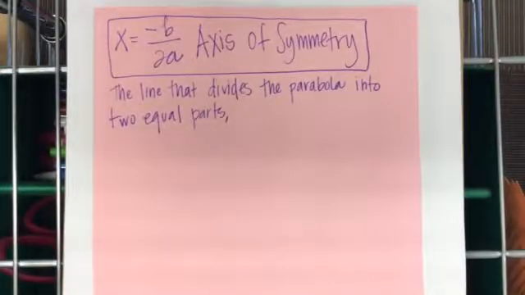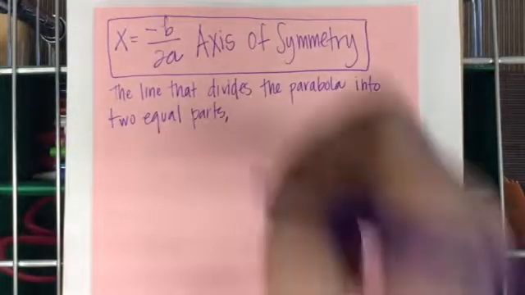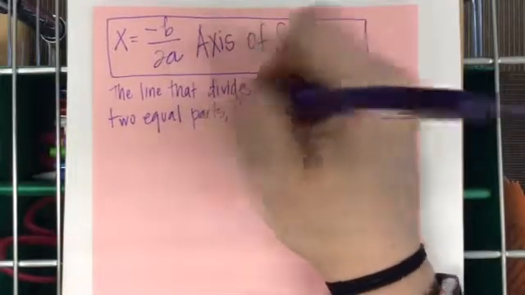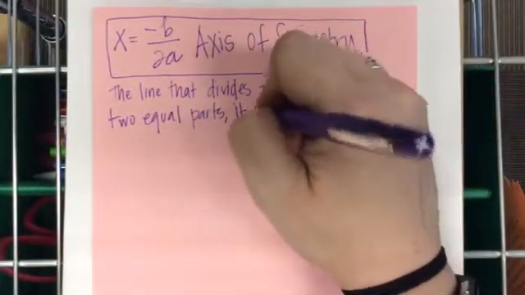The axis of symmetry is right in the middle of the parabola. It's the line that divides it into two equal parts, the left side and the right side, like Left Quick and Right Quick, kind of, because they're exactly the same, they're just on different sides.